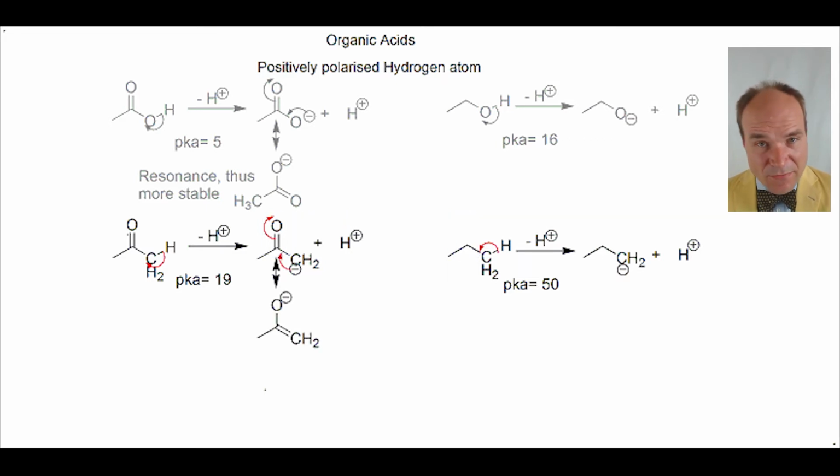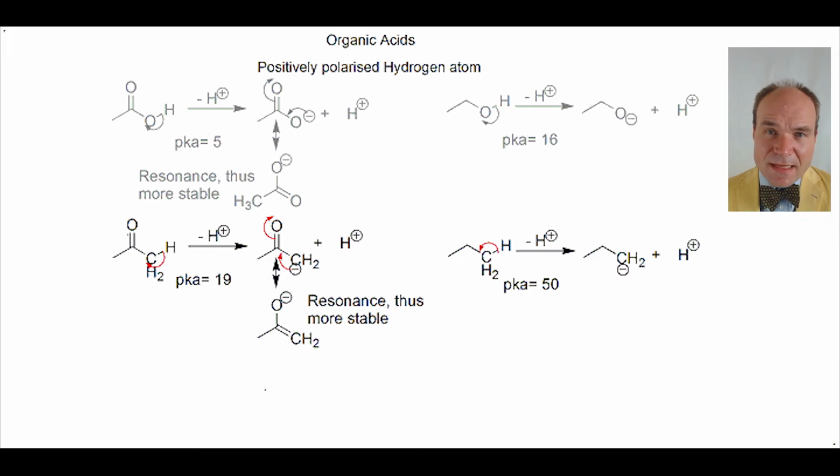The negative charge is spread over more atoms, and the conjugate base is more stable than in the case of the alkane, which is specifically propane. There is no other secondary resonance structure there. So because of this, in the ketone case, the conjugate base is more stable, less reactive, and less prone in the equilibria to go from right to left than with the alkane.